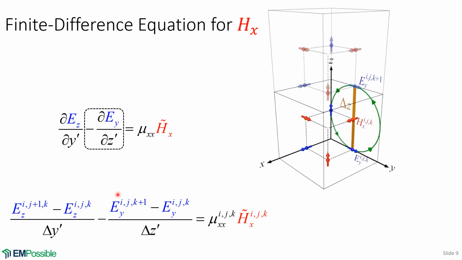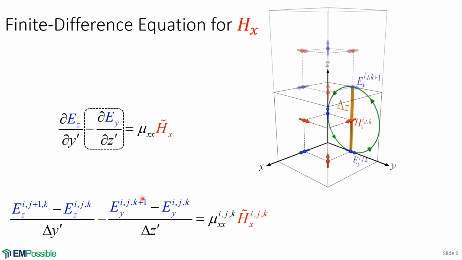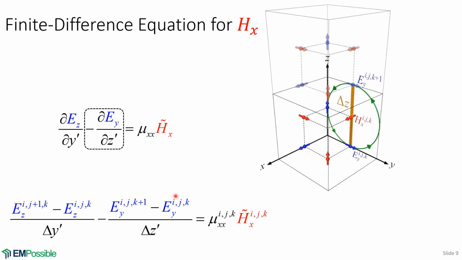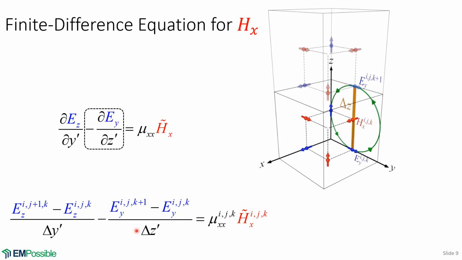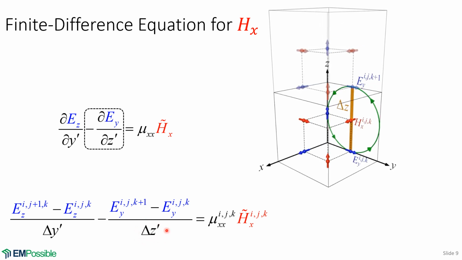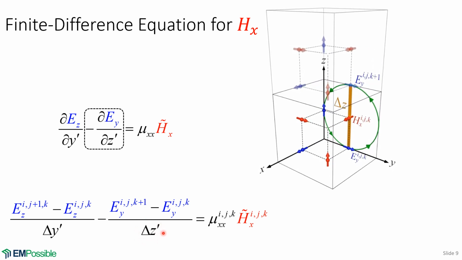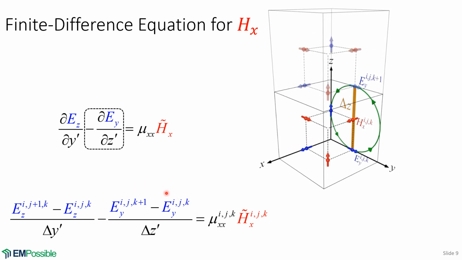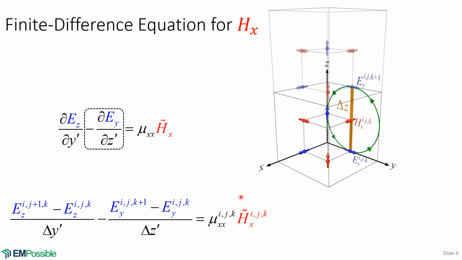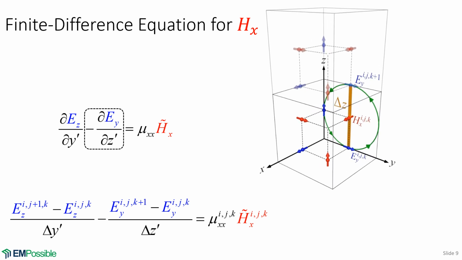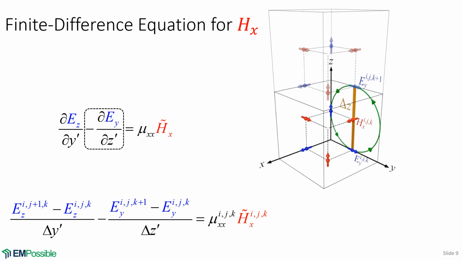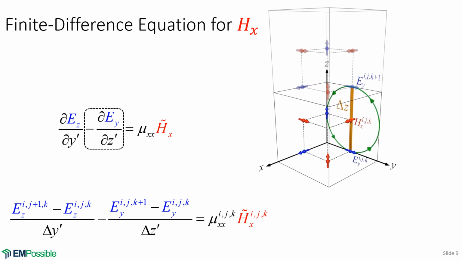So that's EY from the next cell up in the z direction minus EY from the same cell divided by the cell size in the z direction, which is delta z or delta z prime. And since this is a central finite difference, it exists at the midpoint between these two electric fields, which is right where hx exists. So all terms in that equation exist at the same point in space. And we're ready to go on to the next equation.